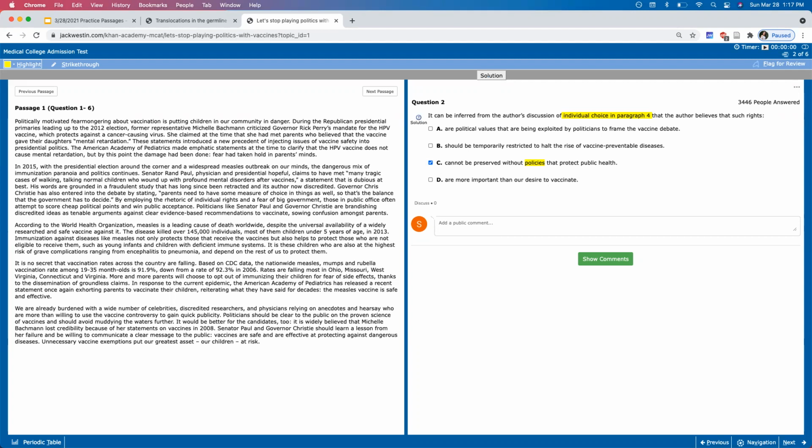Oh, sorry, is it paragraph 2? Individual choice. Okay, it might be paragraph 2 then. But yeah, I think the answer definitely points to A, regardless. Okay, question 3.